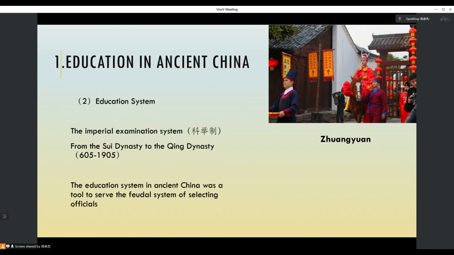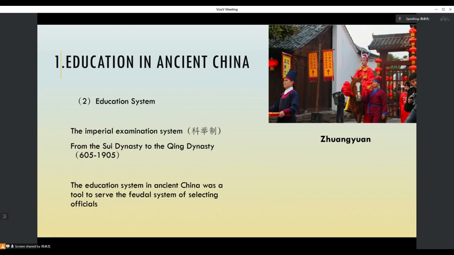This is an education system which was founded in the Sui dynasty, to the Qing dynasty, almost from 605. A long time for this system.